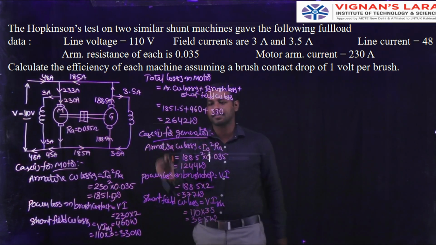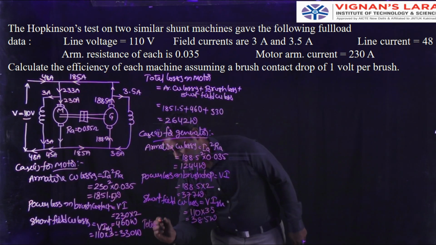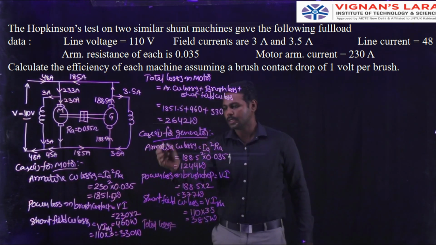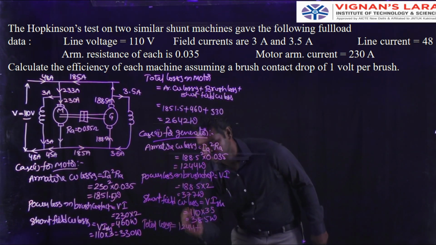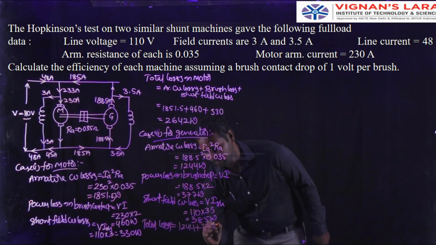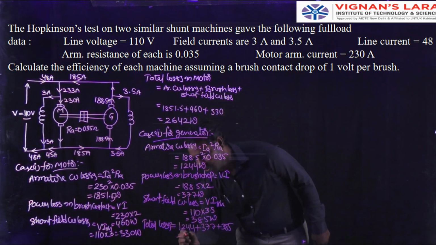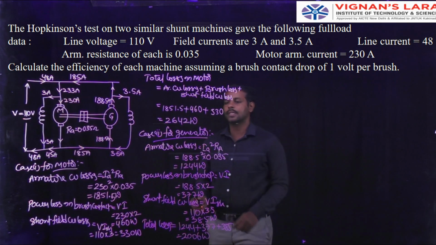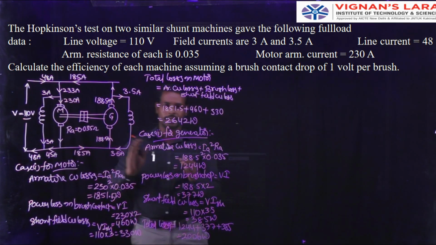So the total losses of a generator is the summation of these three: 1244 plus 377 plus 385, which is equal to 2006. So these are the total losses existing in the motor as well as the generator set.